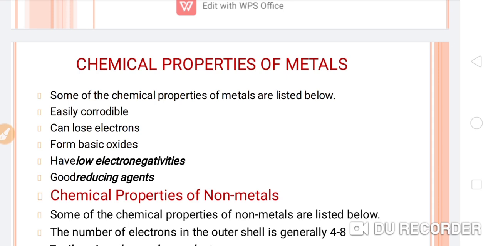So that is the reason these are the basic oxides.